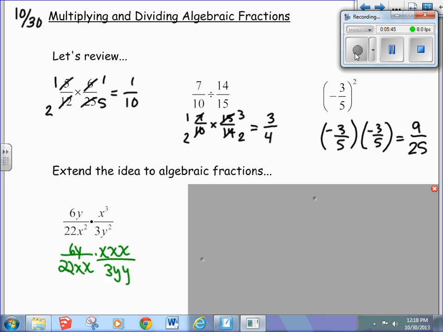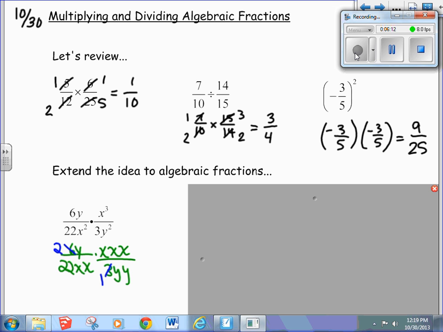Look at each of these factors individually, okay? So how about we just look at the 6 and the 3? What's a common factor they have? They share 3. Right, they share 3, and when you divide out that 3, the 6 becomes a 2, and this 3 becomes 1. Good. All right.